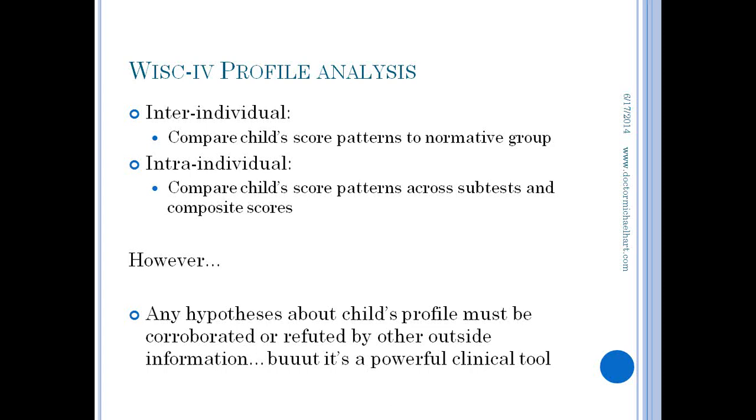And it also gets us to think about whether there were other variables involved that might have caused a difference in their performance. Because remember, the WISC is not the end-all and be-all, okay? So any hypothesis about your child's profile for the WISC needs to either be corroborated or refuted by data from other information. It could be checklist information, anecdotal information from the teacher, or it could be another test score that's also normed.